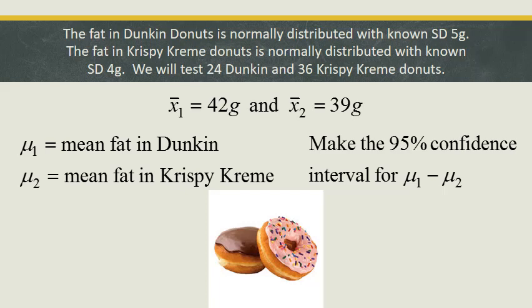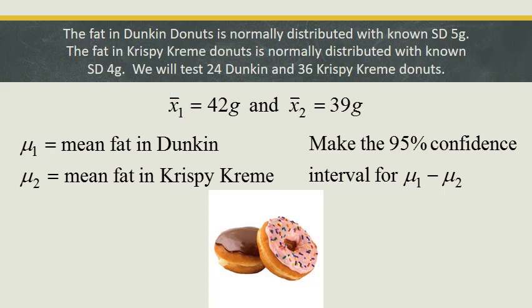Anything with a little 1 next to it indicates Dunkin' Donuts. So mu sub 1 is the mean fat of all Dunkin' Donuts. X bar 1 is the sample mean of the Dunkin' Donuts, and etc. And anything with a little 2 next to it indicates Krispy Kreme.